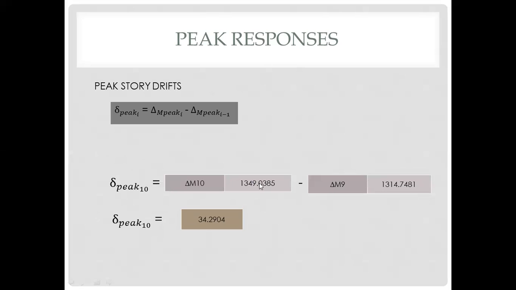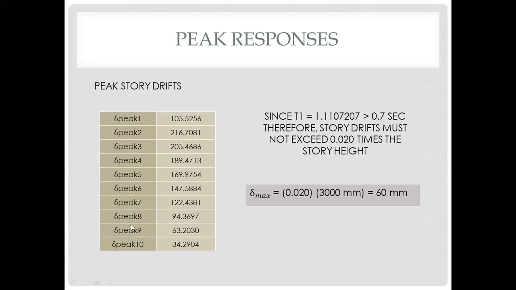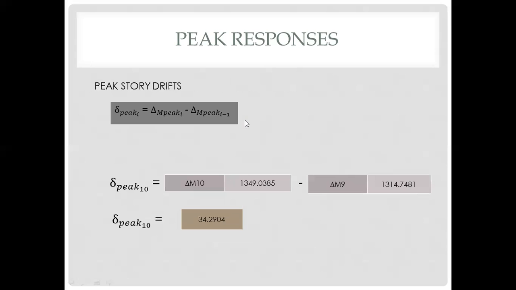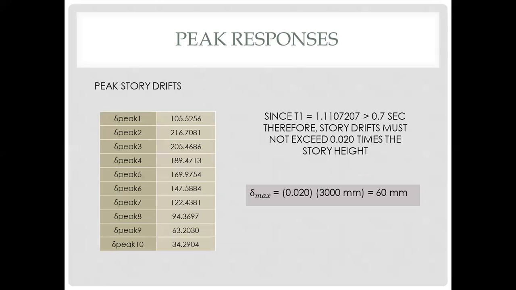So, 1,349.0385 minus 1,314 equals 234.2904. So, yan ang results niya. So, ganito siya. 10 minus 9, 9 minus 8, 8 minus 7, 7 minus 6, 6 minus 5, 5 minus 4, hanggang umabot ka sa 1. So, parang binaliktad lang din natin yung na-solve natin kanina. So, yan na yung results niya.